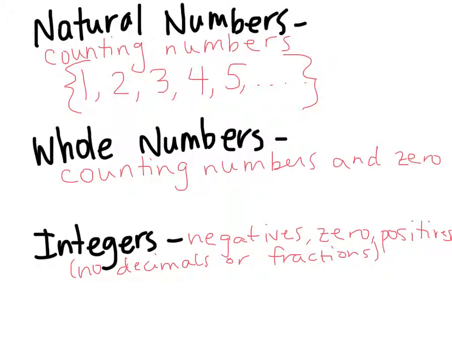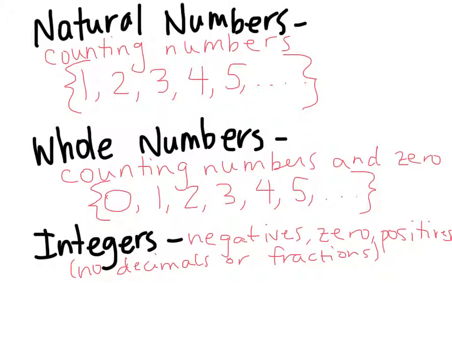Now our whole numbers are very similar to our natural numbers, but we just add in a 0. So now our whole numbers are going to be 0, 1, 2, 3, 4, 5, and so on. And those are our whole numbers. Our integers then take the set of our whole numbers, but now we add in the negatives.